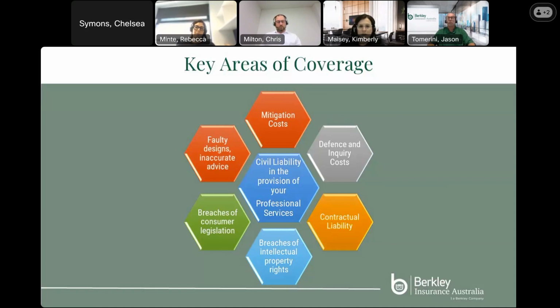We will only provide coverage for unintentional breaches of intellectual property rights. Breaches of consumer legislation. Misleading or deceptive conduct, making of a false or misleading representation, but must not be intentional. For any examples on this, please refer to the National Consumer Credit Protection Act 2009 and the Fair Trading Act.